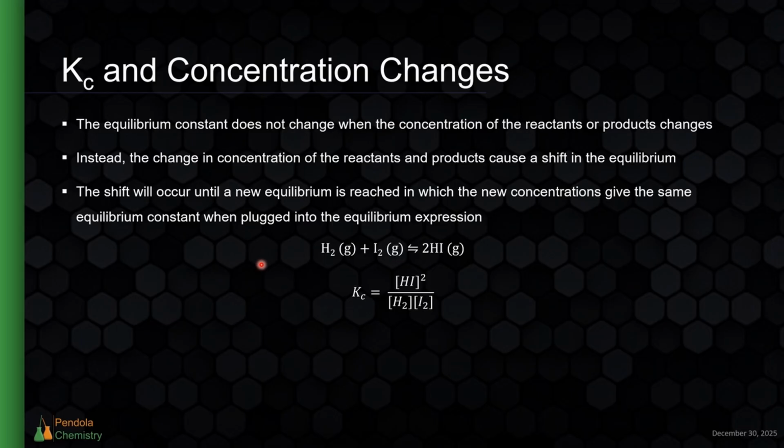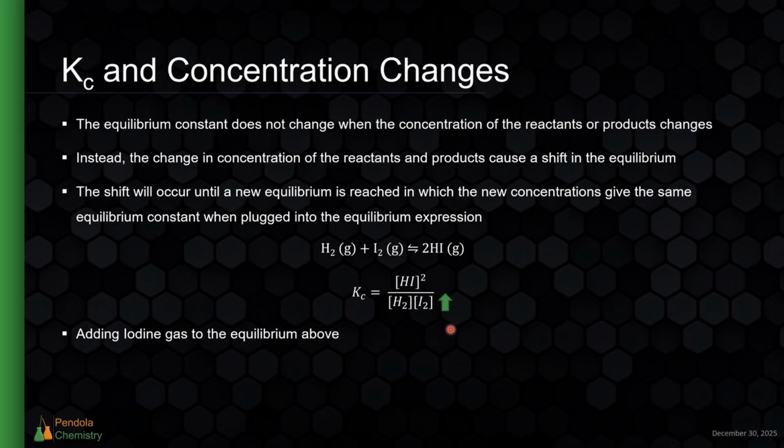Whenever we cause a change in concentration, let's say we add iodine to an equilibrium of this reaction, we are increasing the concentration of one of the reactants or products. So if we had this equilibrium and we add iodine to it once it has reached equilibrium, Le Chatelier's principle says that the equilibrium is going to shift to use up that iodine that we added.